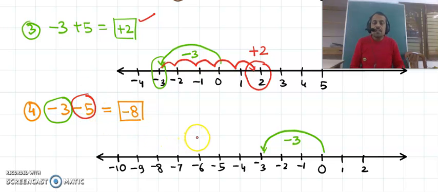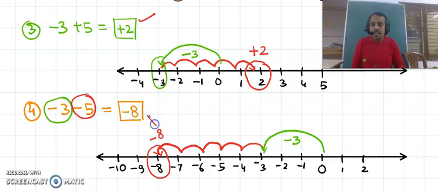That means on the negative side. How many times? 5 times. So he will start from -3 and jump 5 times. Let us make him jump. 1, 2, 3, 4, and finally he landed at -8. So the answer is -8, and you can see, my dear students, it is matching with our answer.